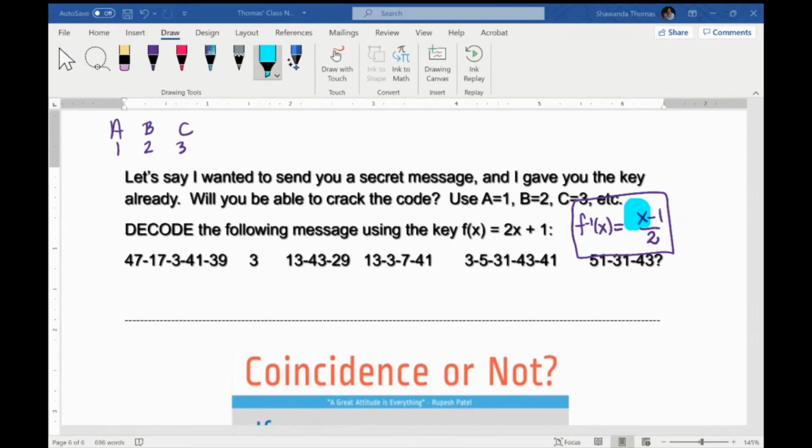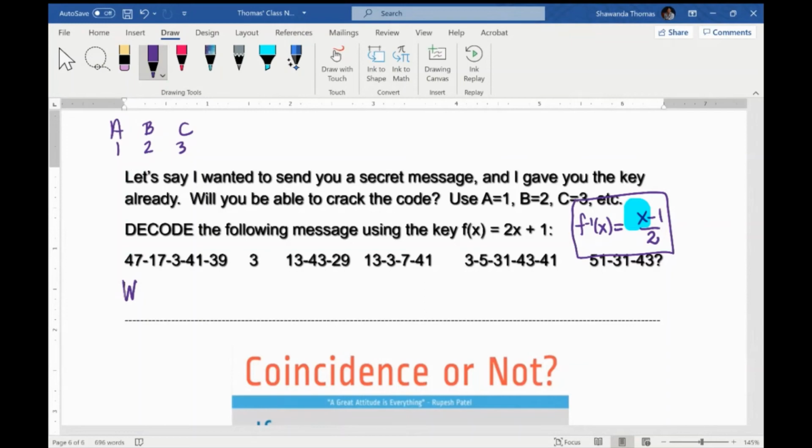What is 46 divided by 2? 23. All right, 23 is the magic number. What letter is 23 associated with? W. All right, great job. So this is W.